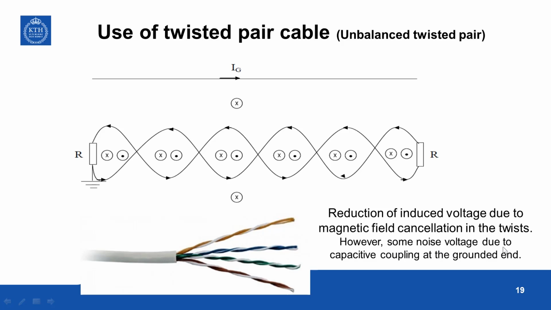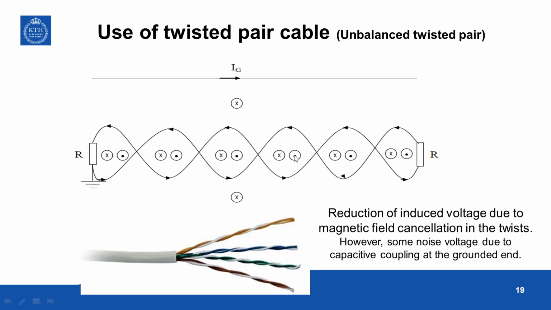Now some noise voltage due to capacitive coupling will still be there, because here assume that the action of all these sources will create the loop like this.